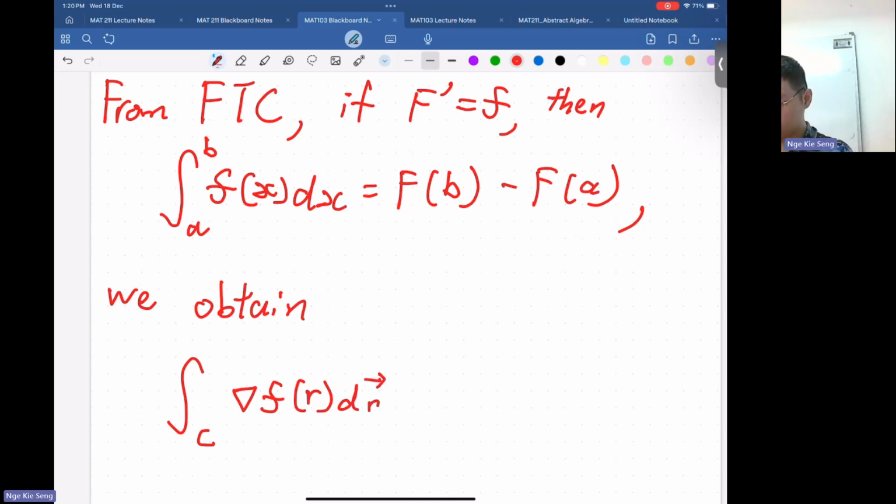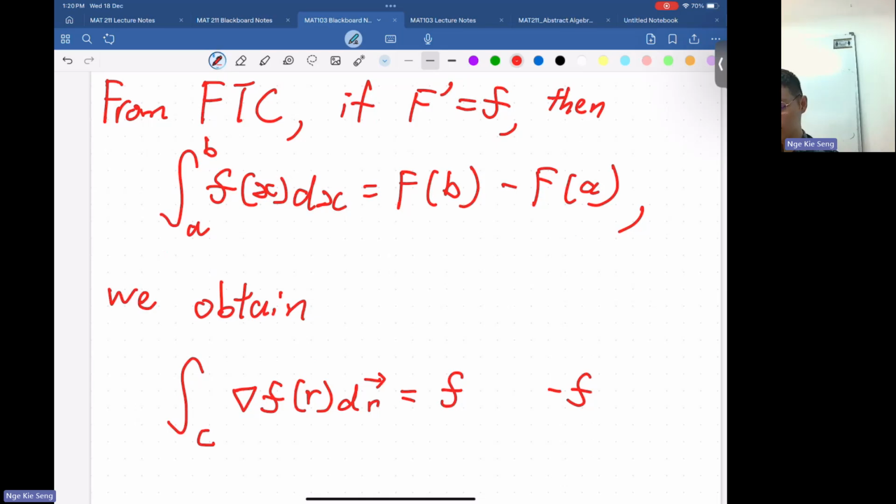Cannot see. I cannot zoom in, sorry. Okay, so we integrate over a gradient function. Then meaning what? What's the antiderivative of this gradient? It is just f itself. Okay, and then the difference between 2 points.